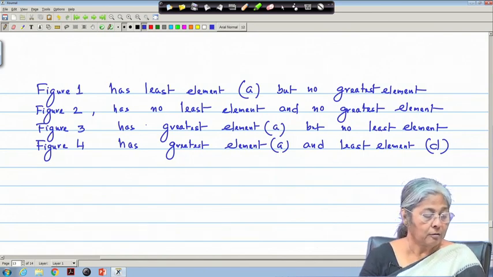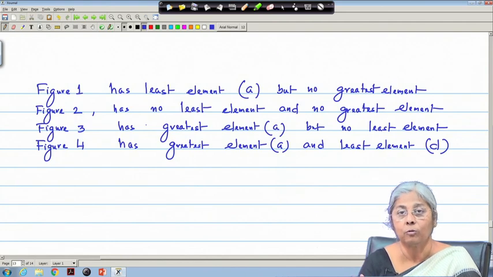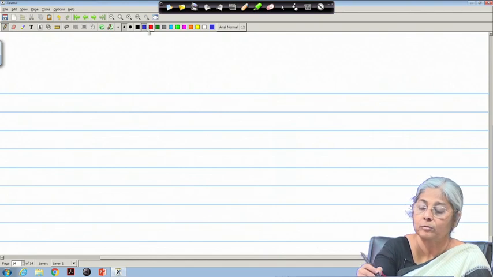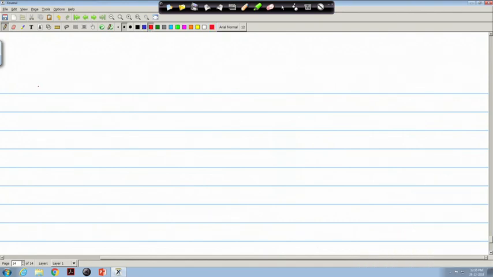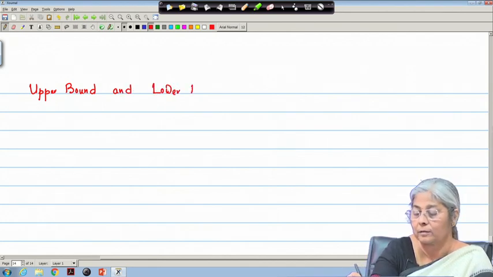Now, we can define the upper bound and lower bound.